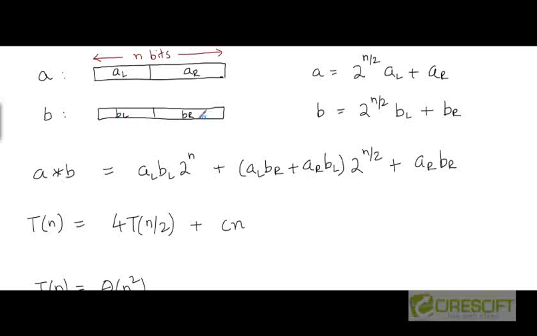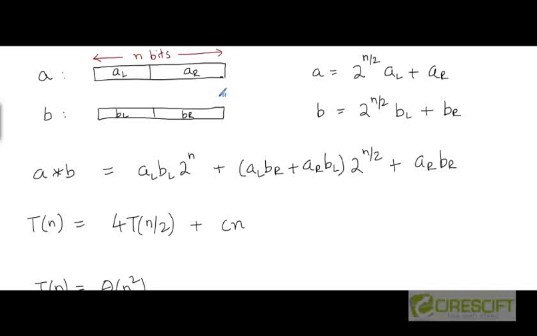Now, in trying to develop a divide and conquer algorithm, let's assume that we already know how to multiply two numbers that are n by 2 bits long. Let's say we have a friend who knows how to solve the problem when the two integers are n by 2 bits long.